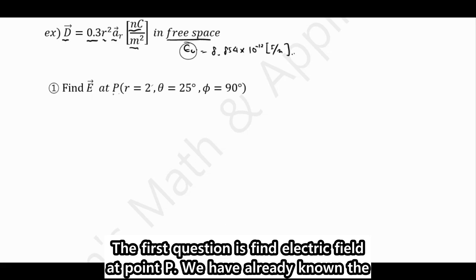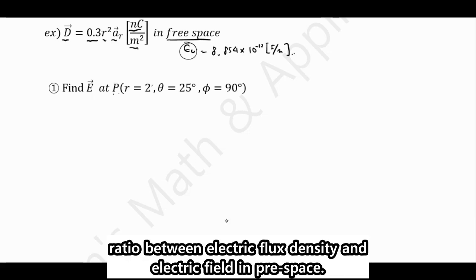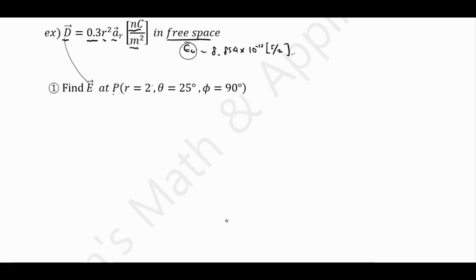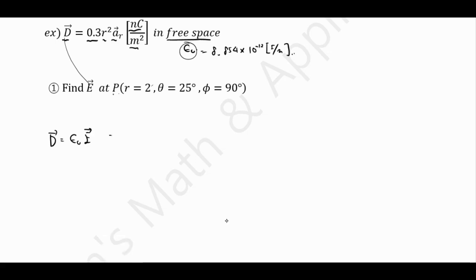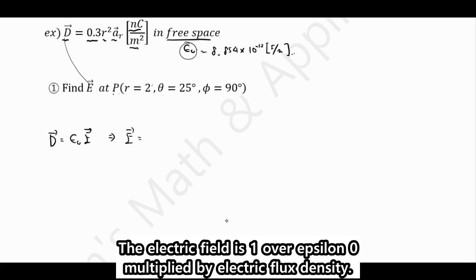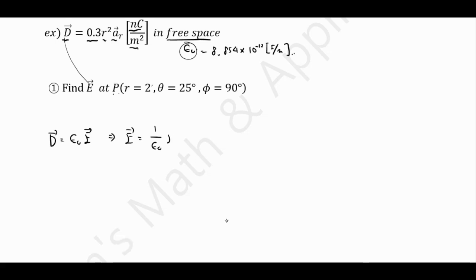We already know the relation between electric flux density and electric field in free space. The electric flux density is permittivity multiplied by electric field. So the electric field is 1 over epsilon 0 multiplied by the electric flux density.